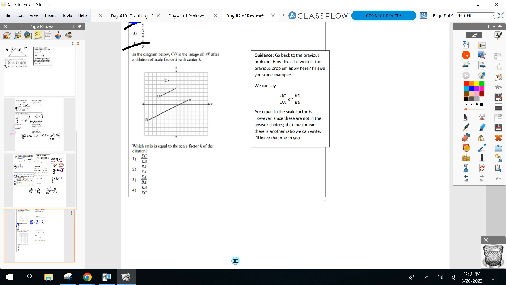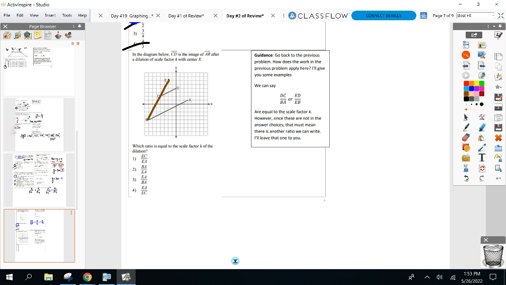And finally, what's my scale factor here? So let's just make sure we know CD is the image of AB. So AB is the original, CD is the image of what I'm left with. What's the scale factor have to be? Ooh, tough one here.